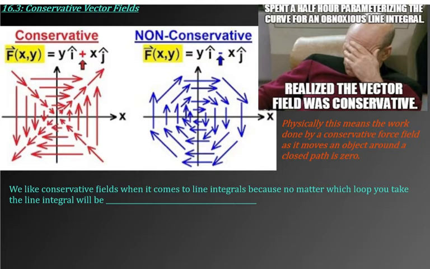Basically, the easiest way is honestly to do a loop. So if you take a loop around, what color is going to show up well on there? Green. And we're kind of going this way around the loop. Think of it like a line integral, but around a loop.